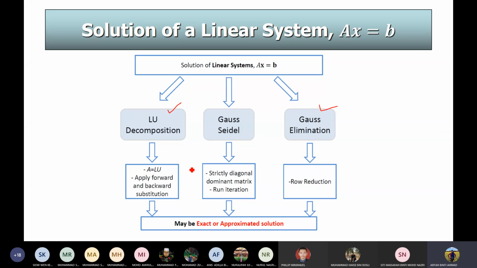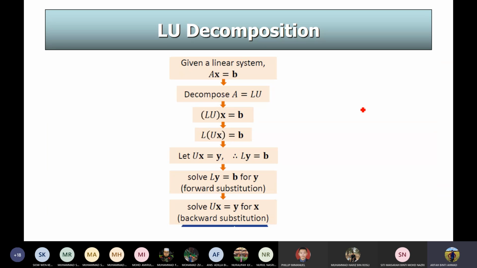We will decompose it into matrix L and matrix U. Then we will apply forward substitution and backward substitution in solving for x, y, and z, the values of x1, x2, and x3, your unknown variables. Next class we will look at the Gauss Seidel method. Okay, so for LU decomposition, these are the steps.